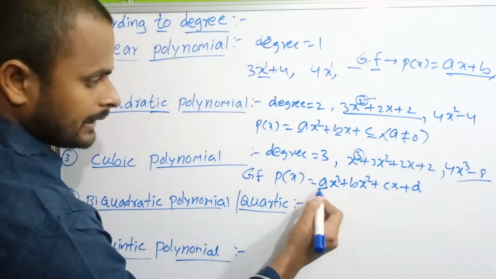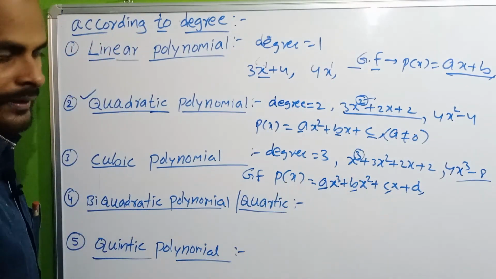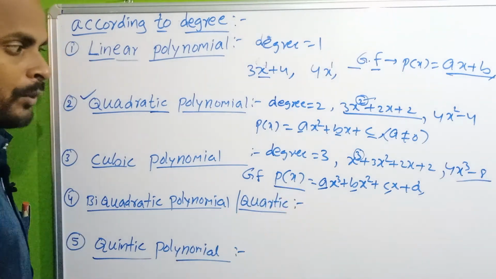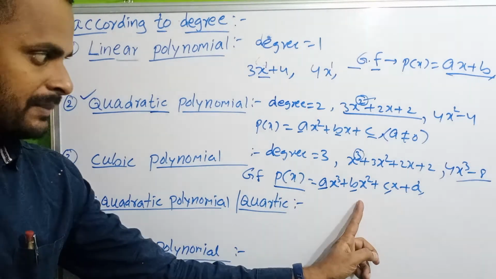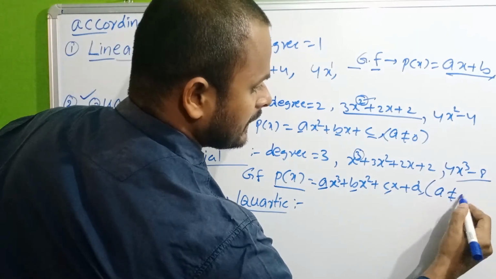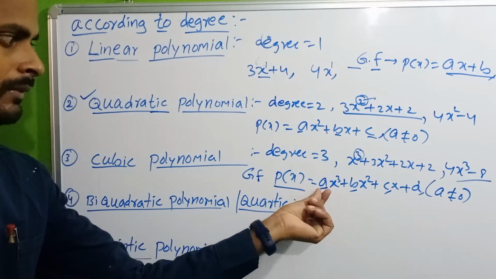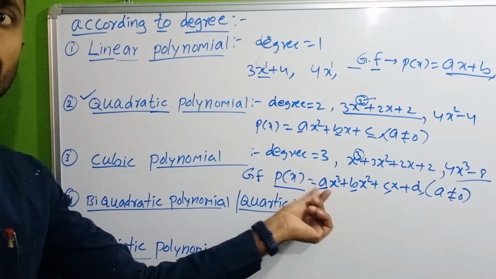Here a, b, c, d are constants and x is a variable. Where a is not equal to 0. That means the coefficient of x cube must not be 0.